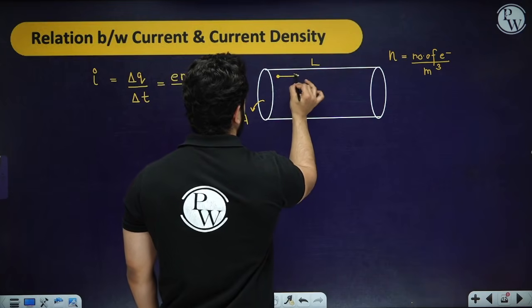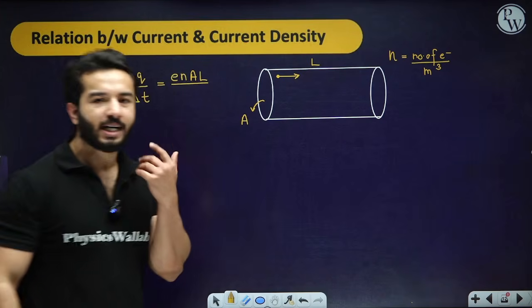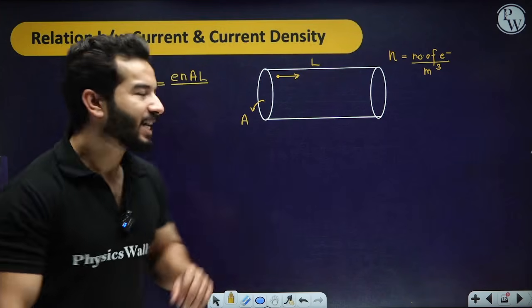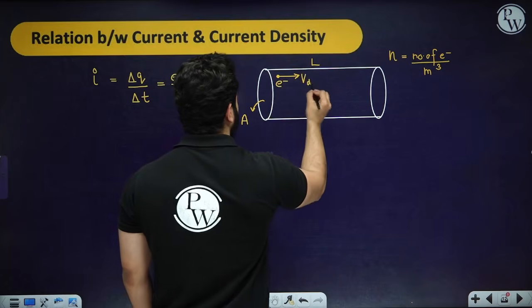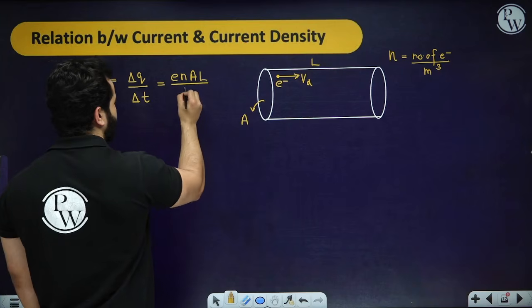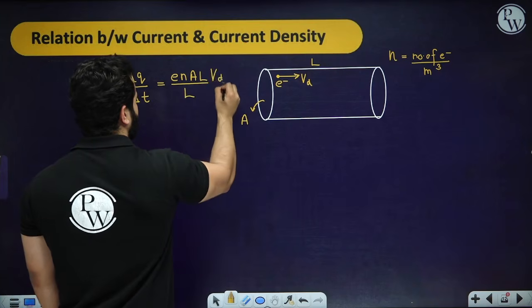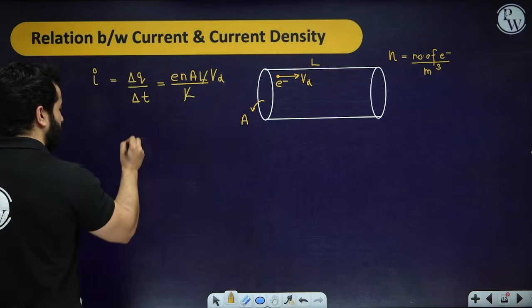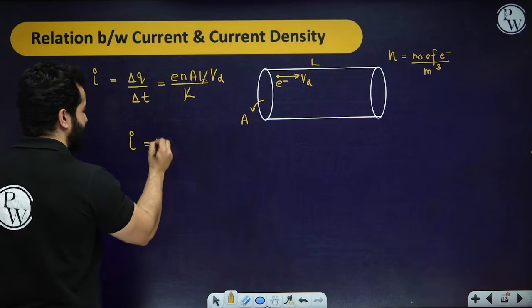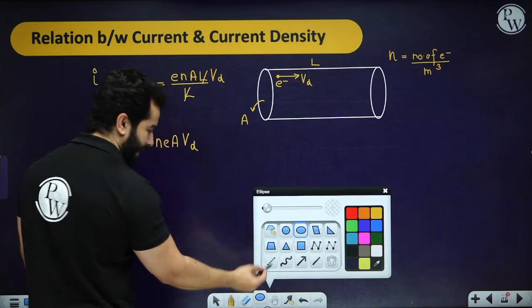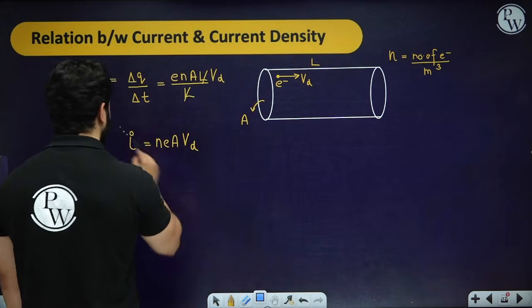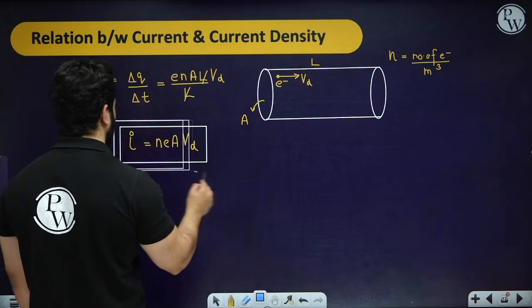Because we have already defined drift velocity, let's take an electron and say its drift velocity is Vd. So the time is just L by Vd. So L gets cancelled out, and the relation comes out to be n e A Vd. A very important relation, please remember it. n e A Vd.